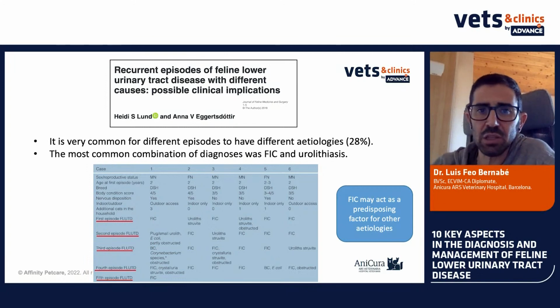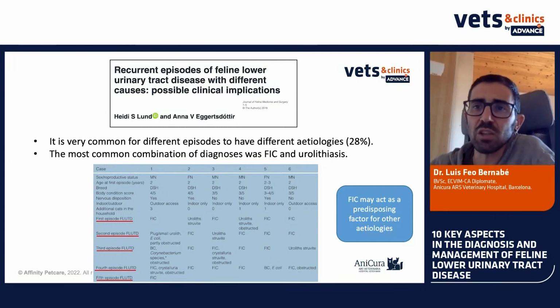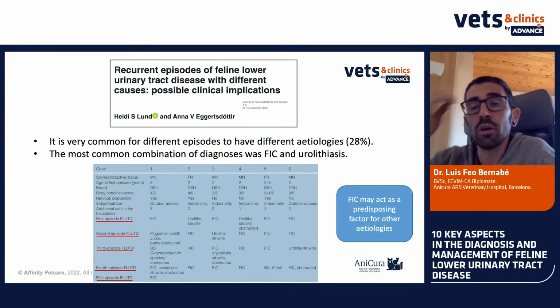So my recommendation, when you have a patient that was already diagnosed with feline idiopathic cystitis and he presents with a recurrent episode, is to evaluate this patient again with urinalysis, culture, and abdominal radiographs or an abdominal ultrasound.